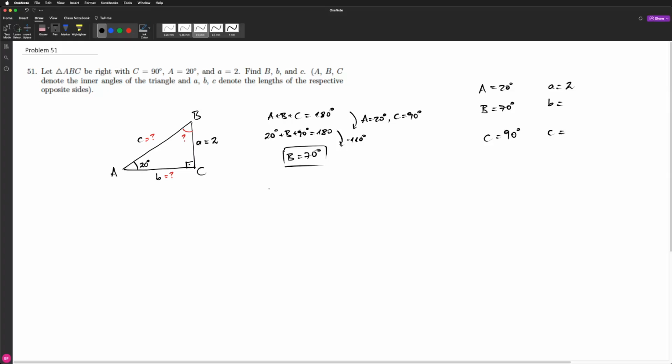So we can use trigonometric functions. So what do we know? For example, we can work with 20. Sine of 20 degrees is opposite over hypotenuse.